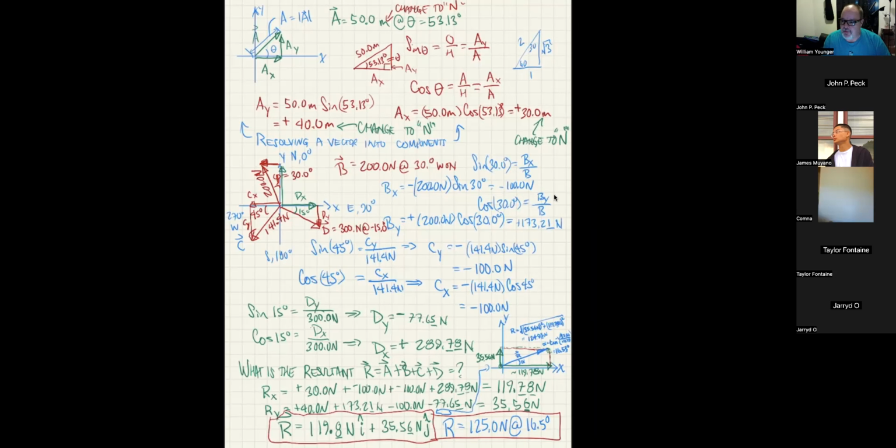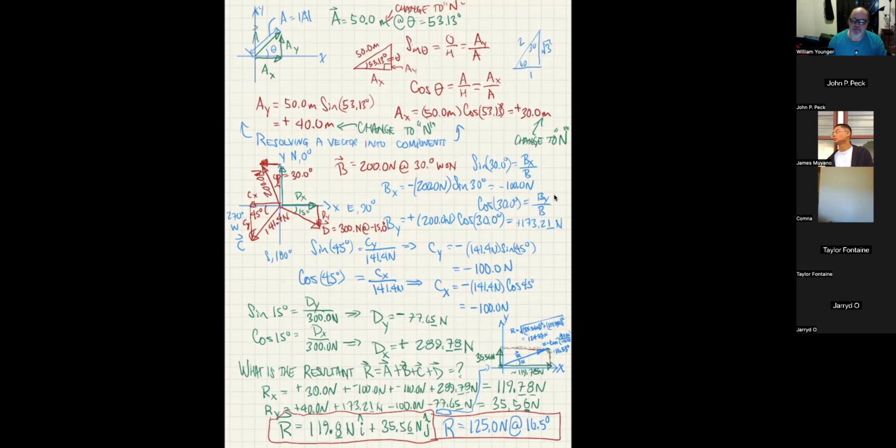Again, when you draw a vector that's not parallel to one of the axes, you want to take a trip from the tail of the vector along one axis, and then take a trip from the end of that vector parallel to the other axis until you get to the head of the vector. If you go in two positive directions, then both components are positive.